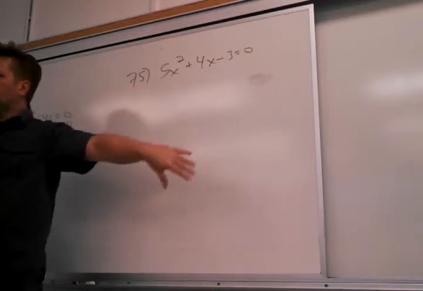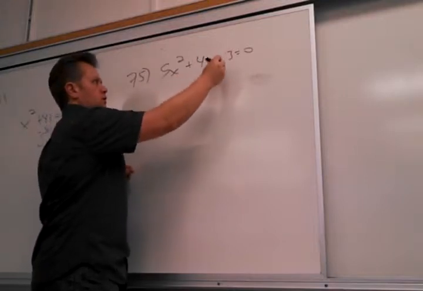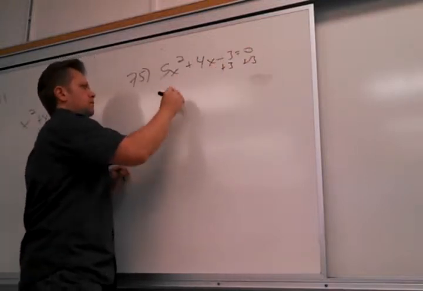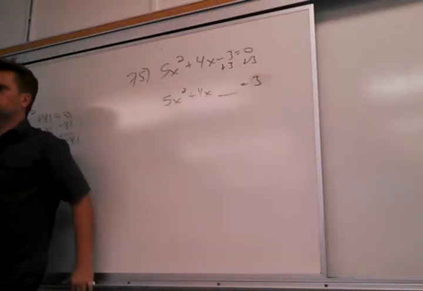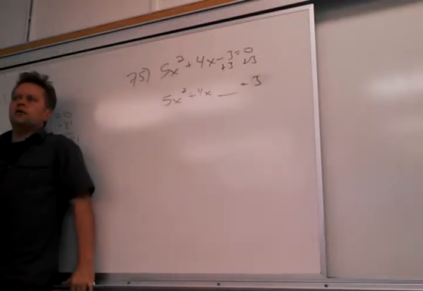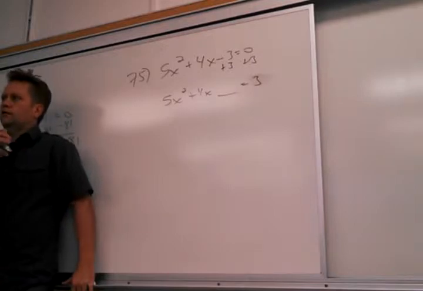We got to make some room, right? We got stuff we want to add. So who's in the way? Minus 3. So we get him out of the way. Get over there. Now I got some room to play with, right? And now we can also do what? Because I can't complete the square because the first number is a 5, so I just divided by 5.